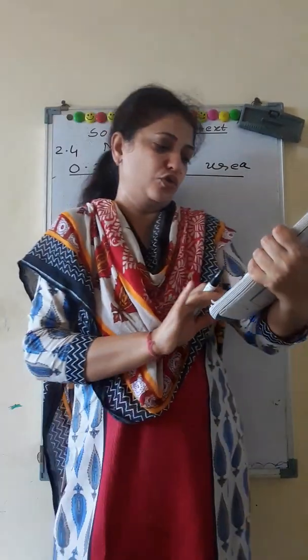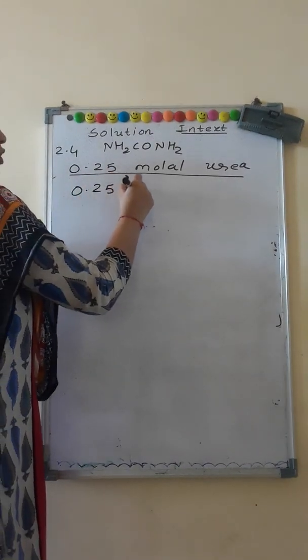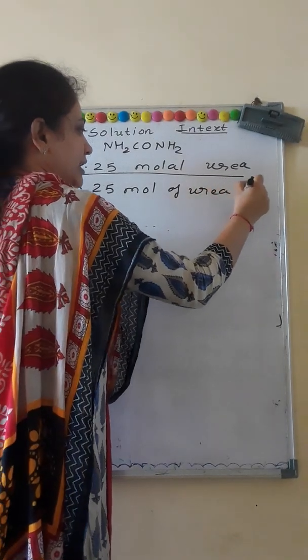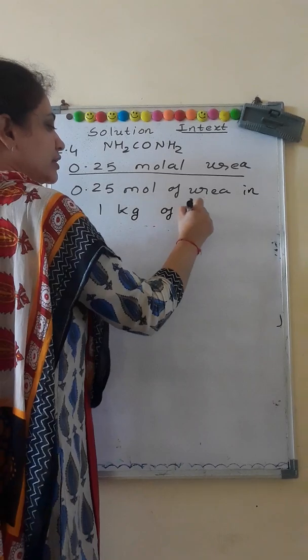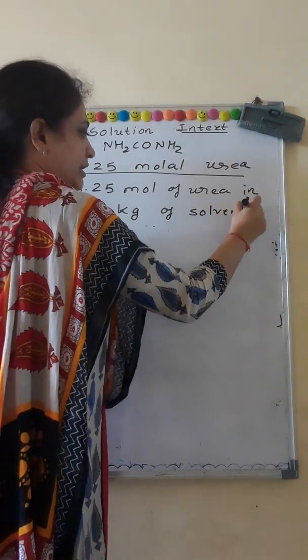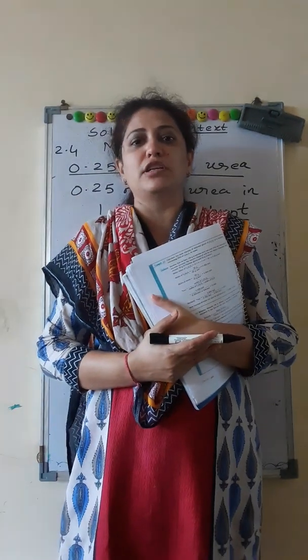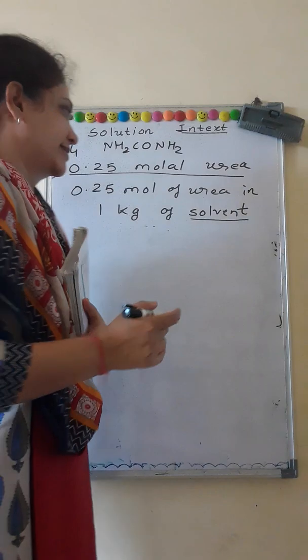Meaning of 0.25 molar urea is 0.25 mole of urea has to be dissolved in 1 kilogram of solvent. Remember, this is molar, so solvent is important. We don't have to take volume in this case.